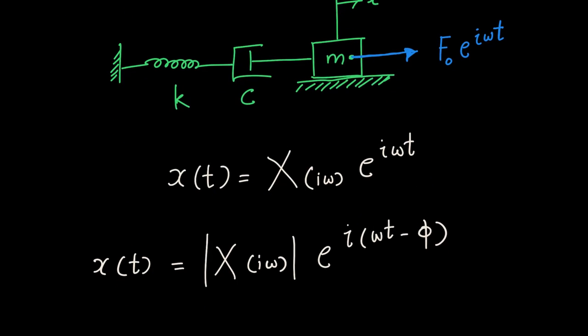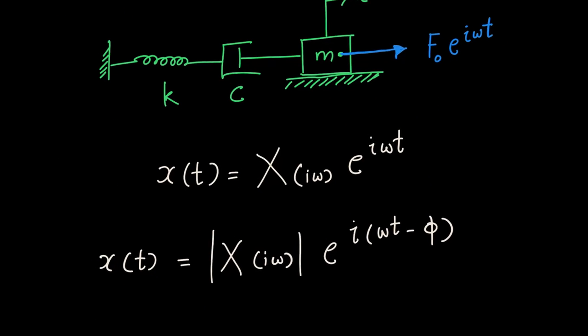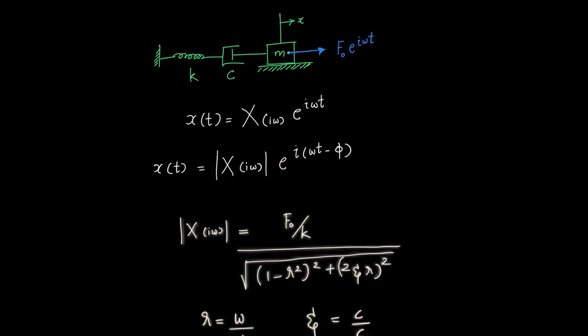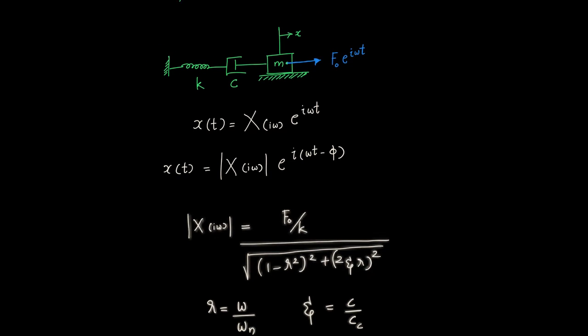To understand the theory behind this problem, I will briefly discuss it. Here you have a single degree of freedom damped system and it is undergoing a harmonic excitation as shown over here.